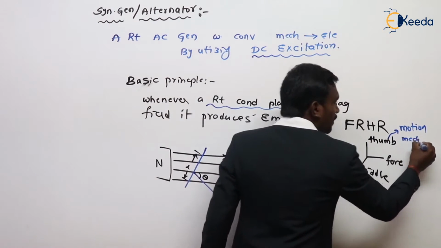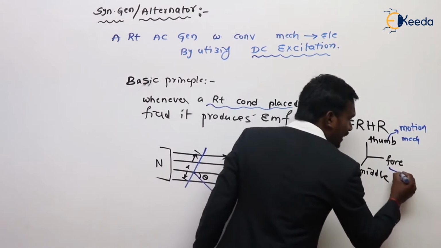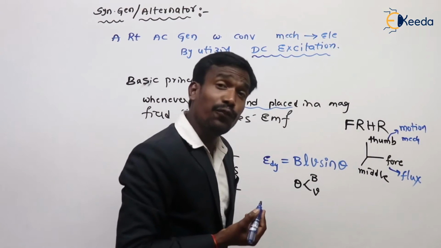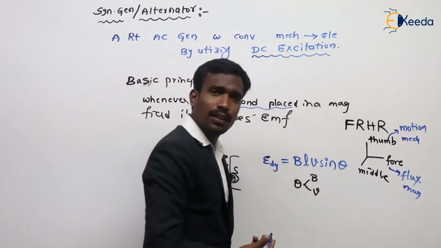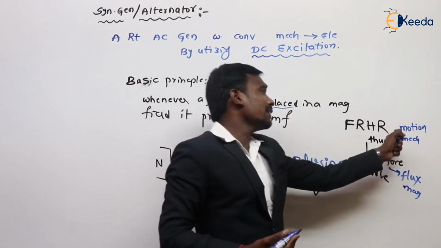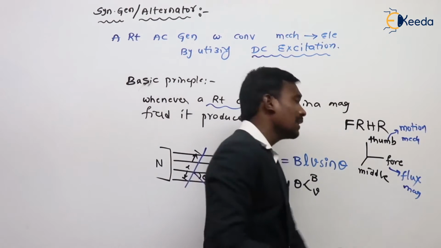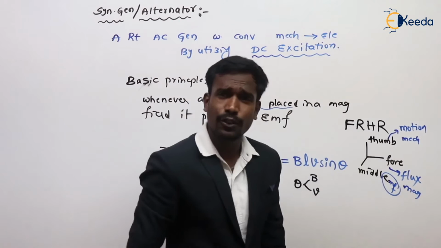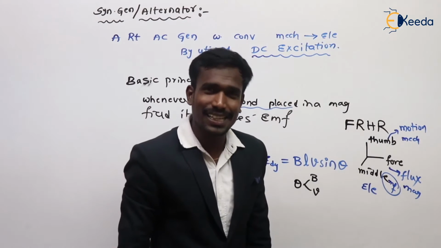Motion is nothing but mechanical force. And the forefinger indicates the flux direction. Flux is nothing but a magnetic force. When this rotating conductor is placed in a magnetic field, then it produces EMF, which is nothing but an electrical quantity.